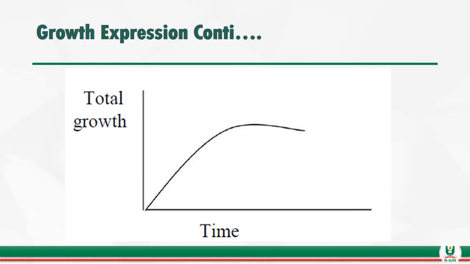Then at a point, the growth tends to be quite fast in relation to time. Then at a point, the growth will be almost at a stable point, and it may even begin to retard. So that is the growth expression called sigmoid on this growth graph.